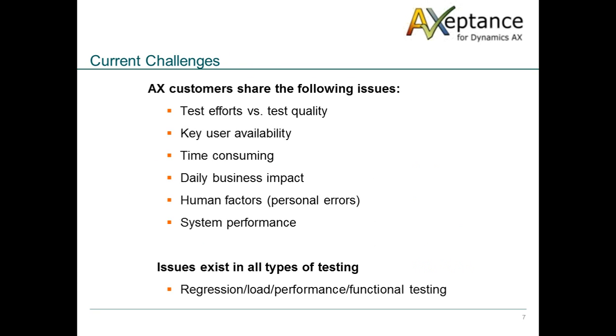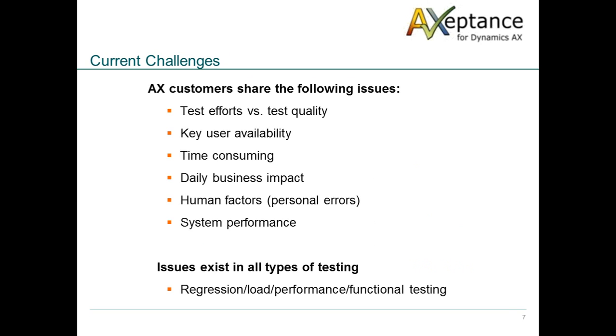So looking at it from a customer perspective specifically, though, there are some real issues. The tests that you run, the quality of those tests, ensuring that the business users are able to test their function and are available to you during those off hours and testing times, as well as just reducing the time. Anytime you can automate something, you're going to reduce time.